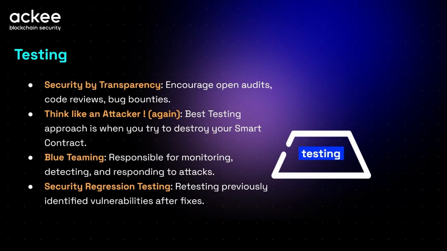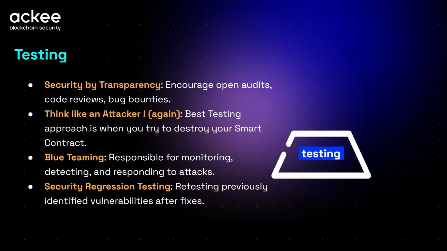The next point is about security regression testing. This actually happens often. Retesting is really important because, not always, but most of the time, let's say an auditor finds an issue in the smart contract, the issue gets reported, and the developers think that they fixed the issue and everything is resolved. But they do not test if the issue was fixed correctly.